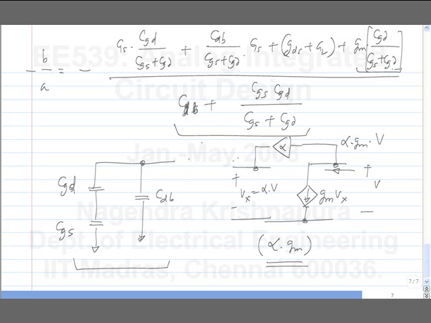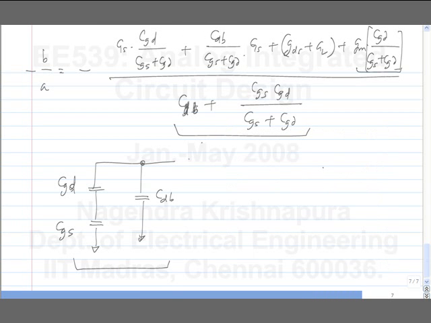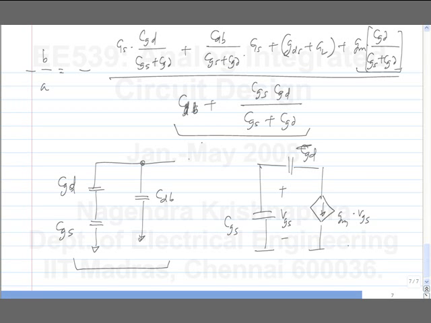So ignoring other elements, the circuit can be drawn like this. We have GM, CGD, and then CGS, and this is GM times VGS, where VGS is the voltage across CGS. Okay. So what is the conductance I see from this side?